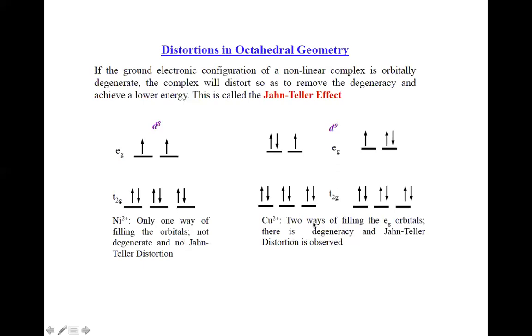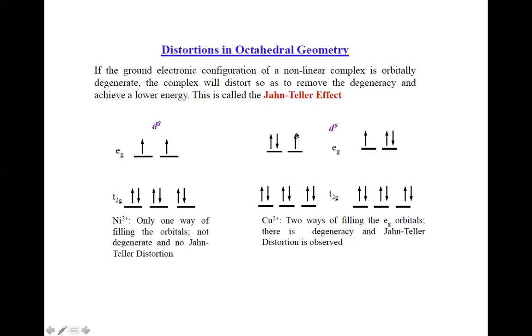Now let us take an example of a copper 2 complex. As we know, in copper 2, we have 9 electrons in the d orbitals, and these are the two possibilities in which the electrons can fill the 5 d orbitals. Here we can see that the t2g level is fully filled, so it is symmetric.